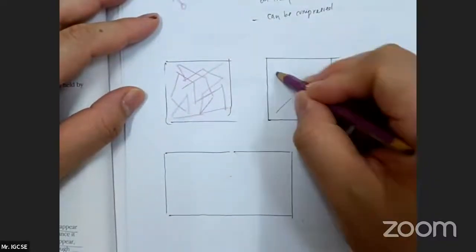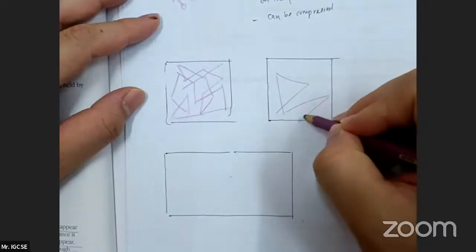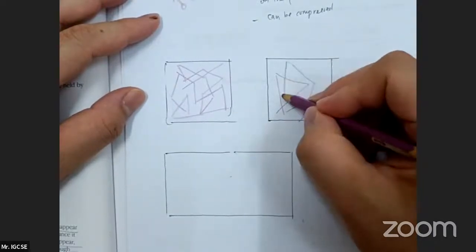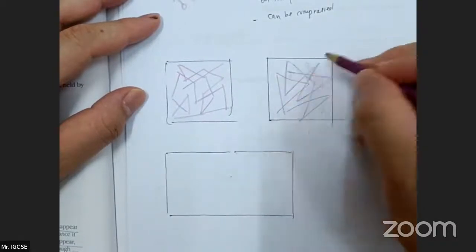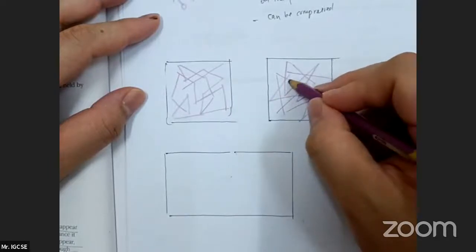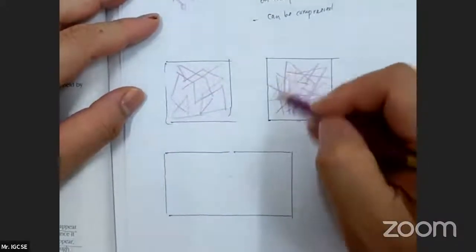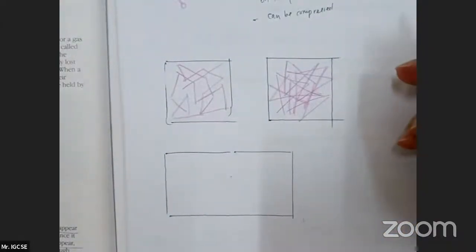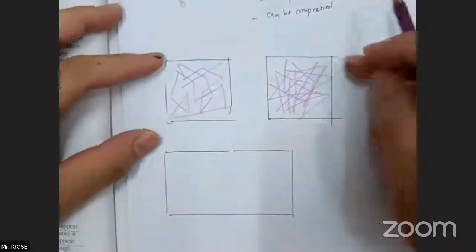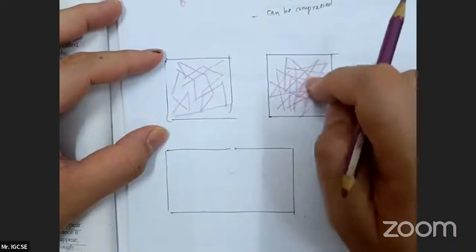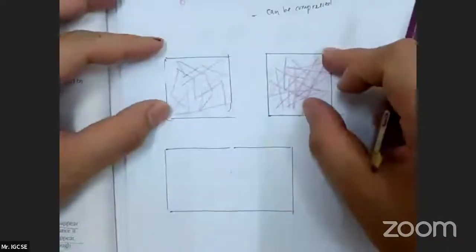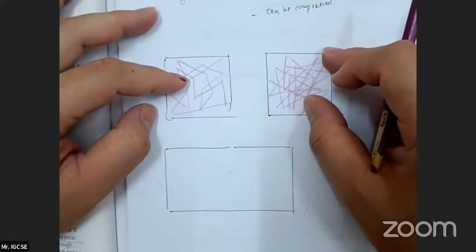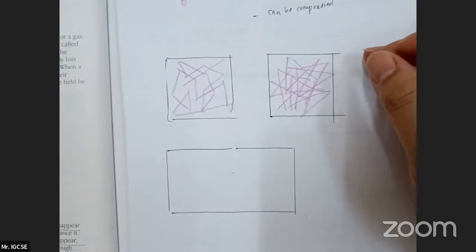Again, one to twenty. The line is longer, and they will hit the wall about twice as often because of the faster speed. So with the same volume, the fast moving particles create a greater pressure. With the same volume, the slow moving particles create a smaller pressure on the wall.